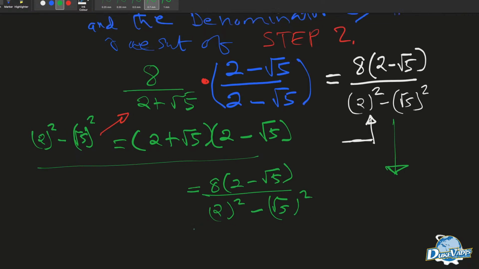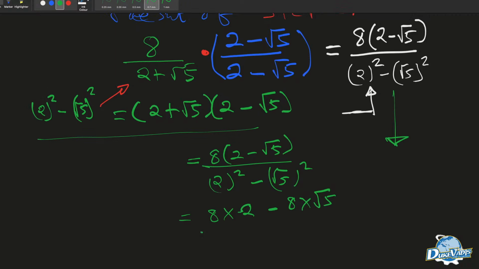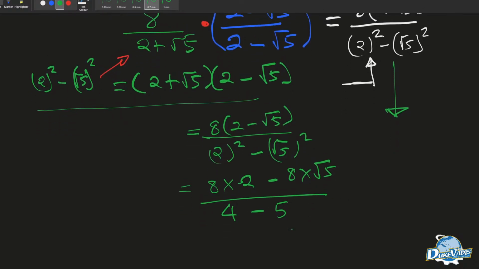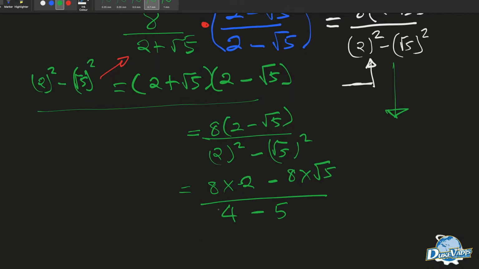On the top we are going to get 8 multiplying 2, minus 8 multiplied by √5. And the bottom, we know 2 squared will be 4, and when we square √5, meaning √5 times √5, it will be 5.